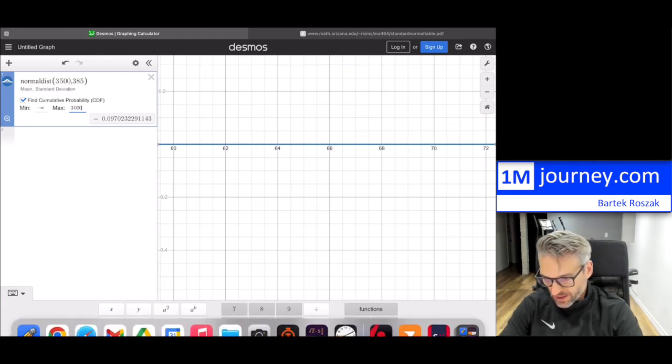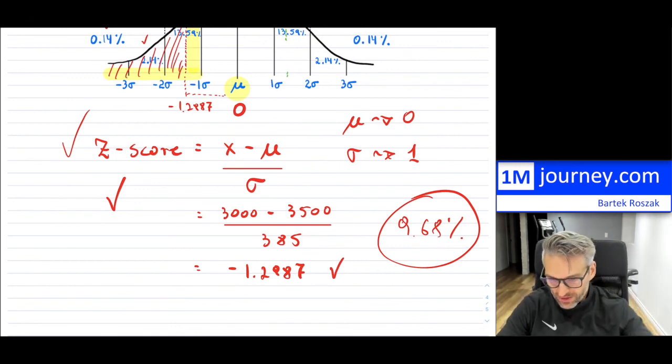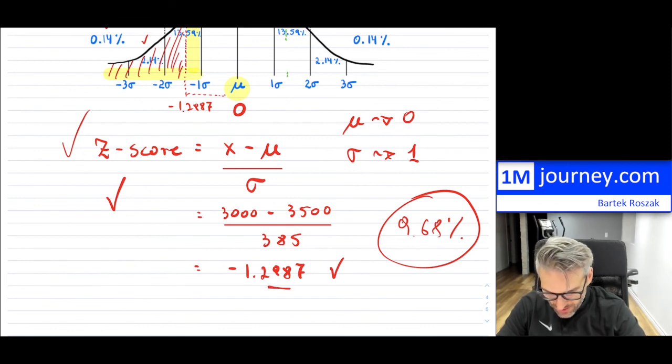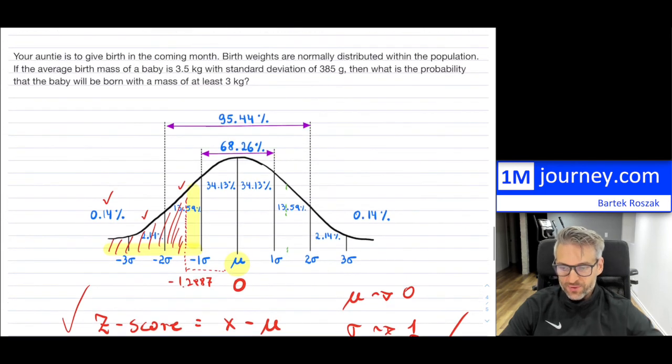Which is the probability that you see there, and exactly what we got, 9.68, which is about 9.7. Again, because I rounded this to negative 1.3, it's a little bit bigger than that.